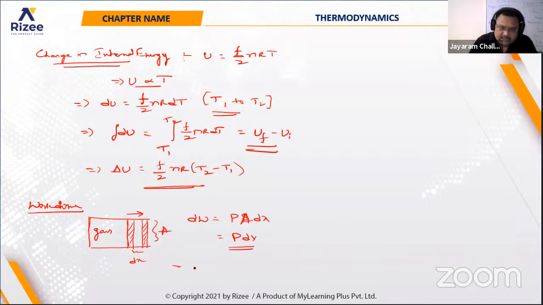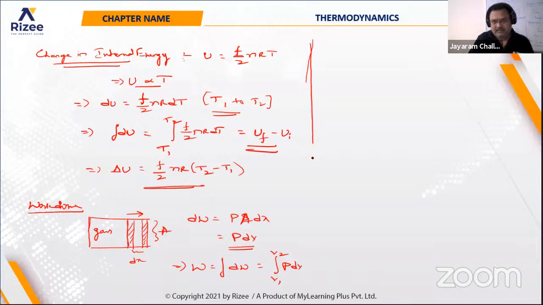If you want to calculate the total work done, W is the integral of P dV, where P and V are pressure and volume, from V1 to V2. These are very important things.